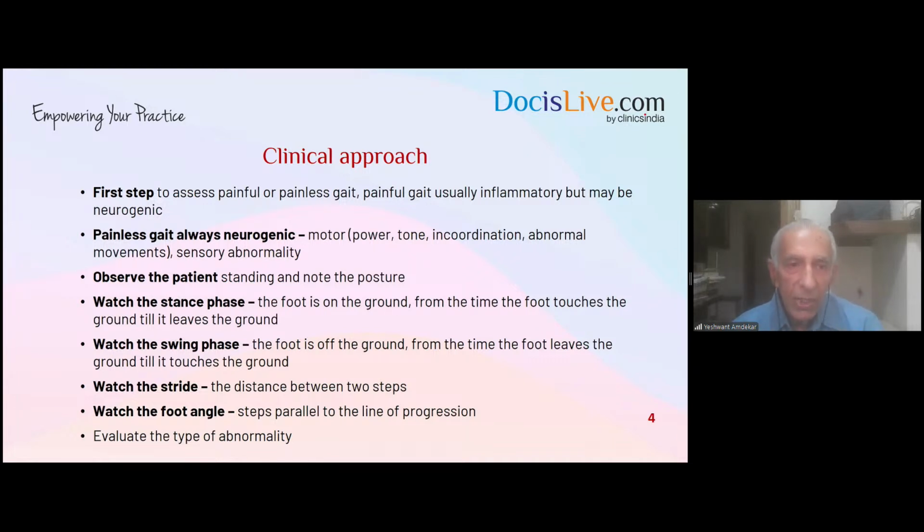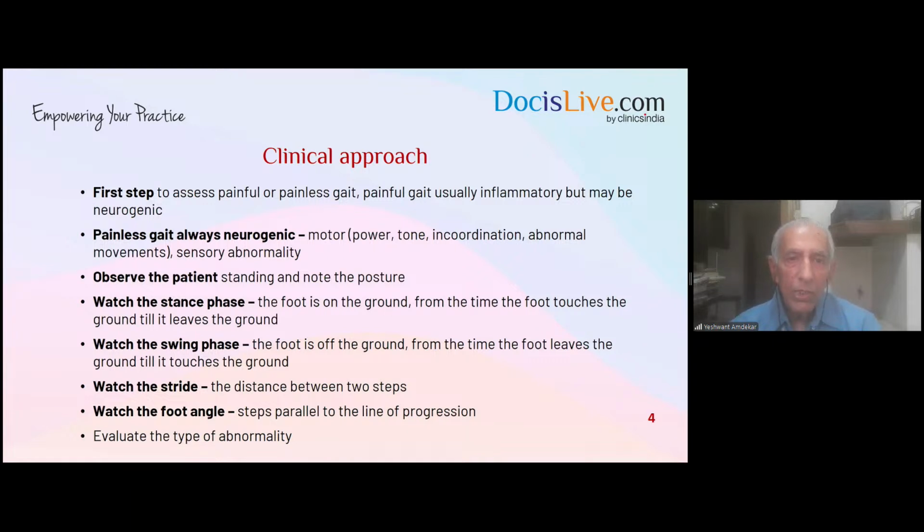And then make a further attempt to find out, in a painless gait abnormality, which part of the neurological system is involved. Is it a sensory system or a motor system? We all know that the sensory system usually comes with tingling, numbness, or sometimes even a little pain.